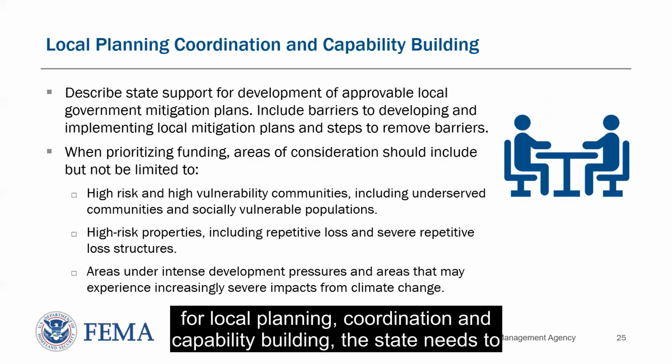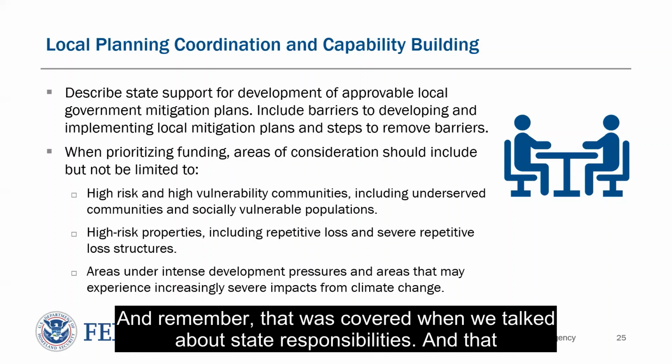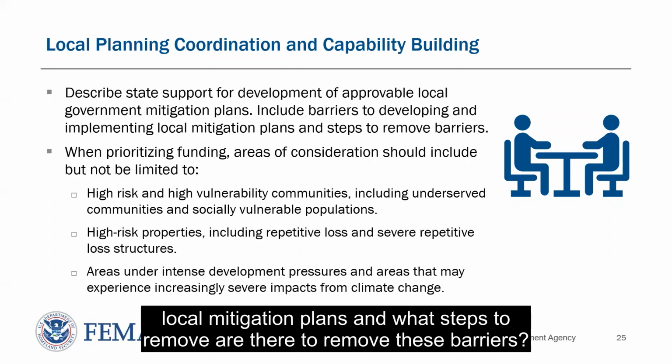And for local planning, coordination, and capability building, the state needs to describe support for the development of approvable local government mitigation plans. And remember, that was covered when we talked about state responsibilities. And that includes any barriers that local governments might have for developing and implementing local mitigation plans, and what steps are possible to remove these barriers?